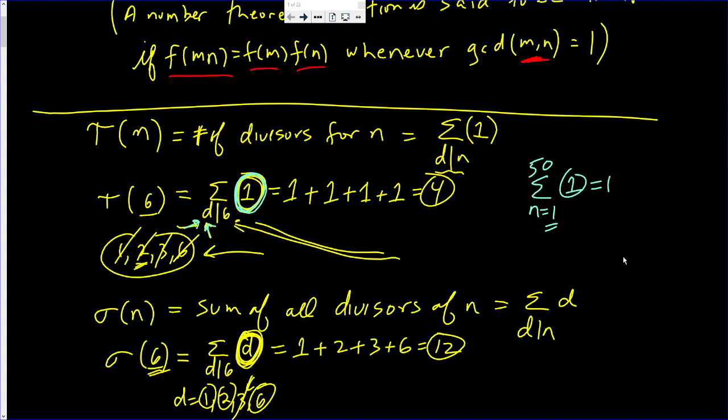Let me just go up to 5. When n is 2, this is still 1. When n is 3, that's still 1. When n is 4, this is still 1. And lastly, when n is 5, this is still 1. So we get 5. We keep adding up a constant.